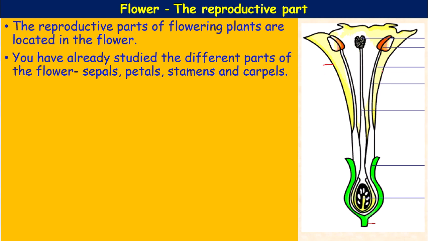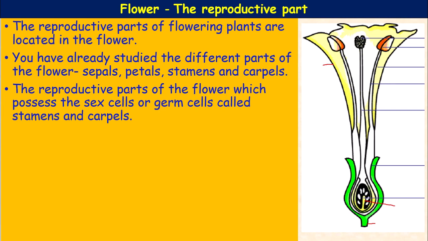And the first inner whorl is called stamens, consisting of male reproductive part, anther, and the innermost whorl is the female reproductive part. So what are the 4 whorls of the flower?